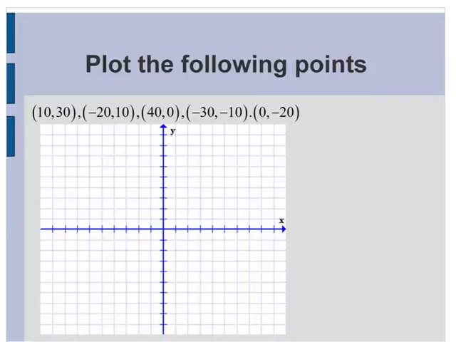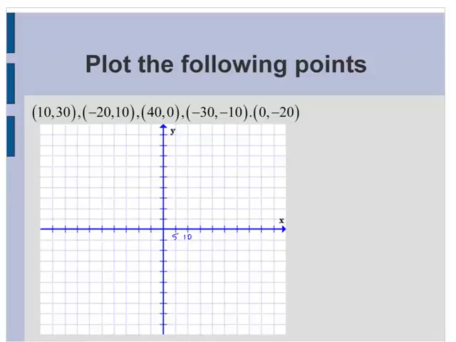Now let's say we wanted to plot these points: (10, 30), (-20, 10), (40, 0), (-30, -10), and (0, -20). To plot the point (10, 30), I need to move 10 units right of the origin and 30 units above the origin. Well, that's going to take a lot of marks. However, what if instead of each mark meaning 1 unit, I said that each mark means 5?